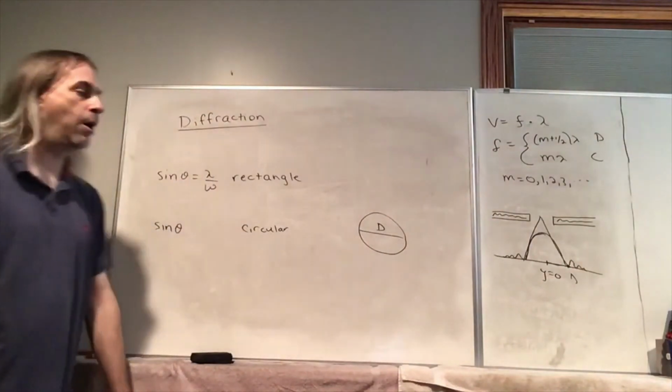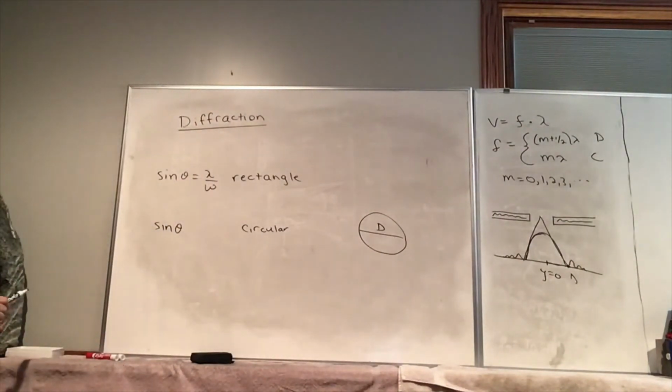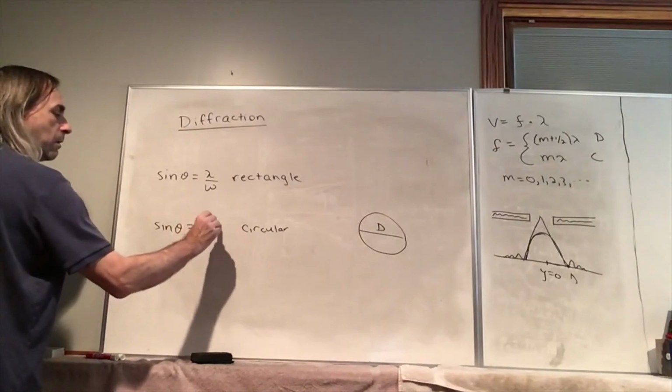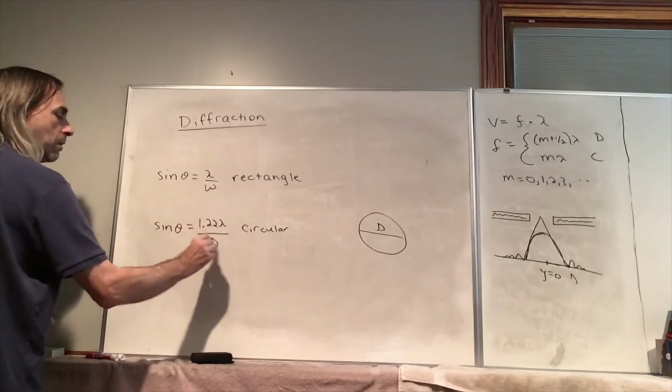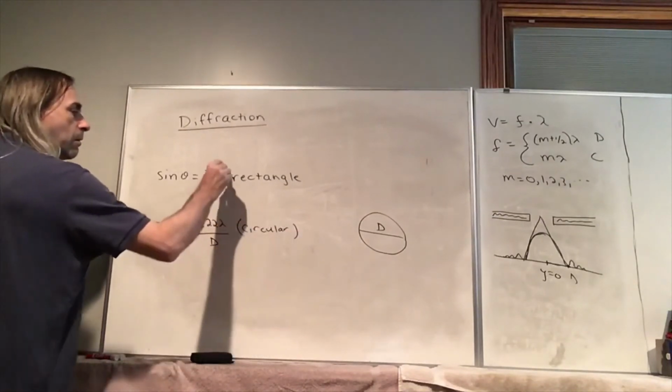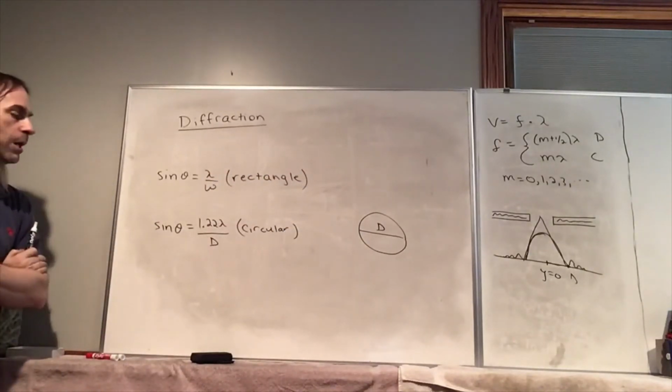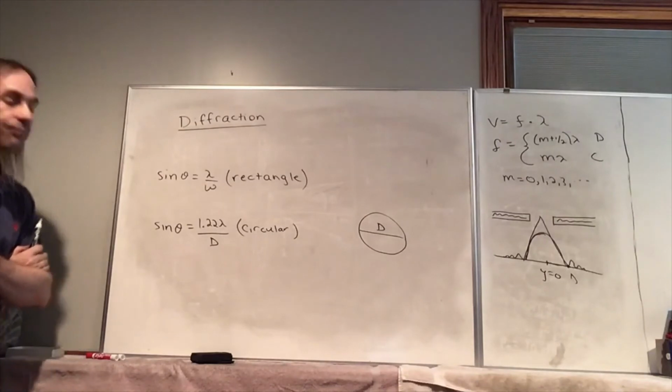They're going to spread out, and they're going to form a cone just like before. The details will just be a little different. And I'm going to write down the result. It's 1.22 lambda over d.